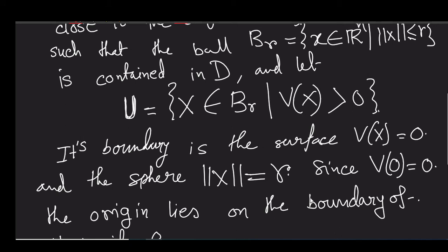Now if we replace the positive definite V by a positive semi-definite or sign indefinite function, then we can have a certain zone where V(x) is not zero. I think one example will help you. What example can we take here?